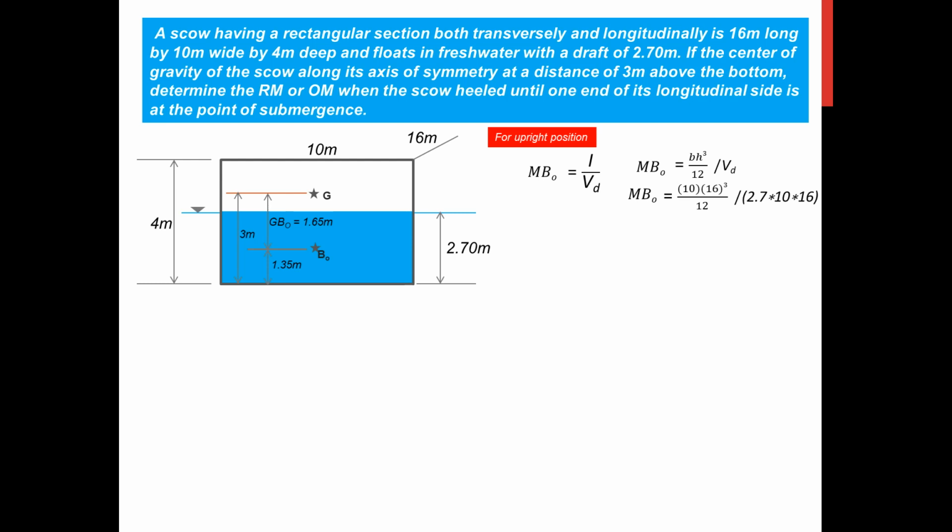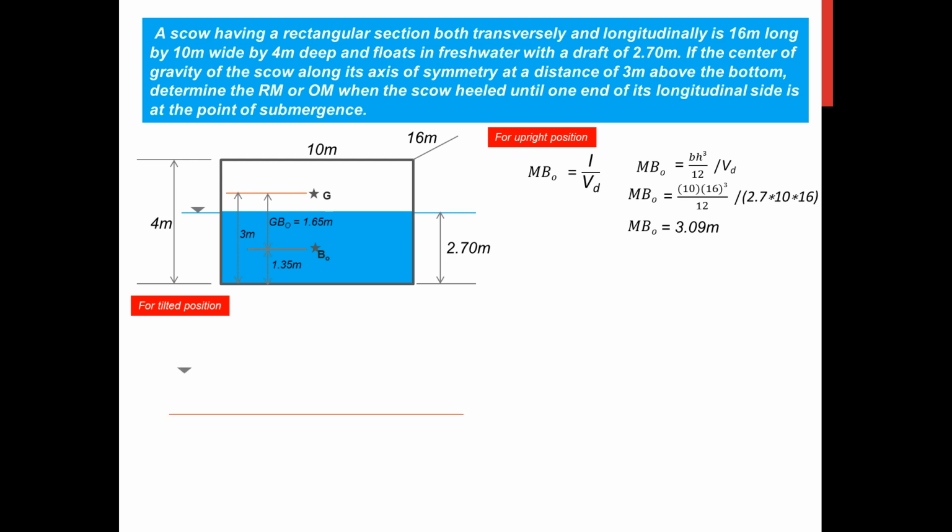Now the submerged volume is simply 2.7, or the depth of flotation, times the width 10 and the length 16. So manipulating the formula, we can get MBO to be equal to 3.09 meters.